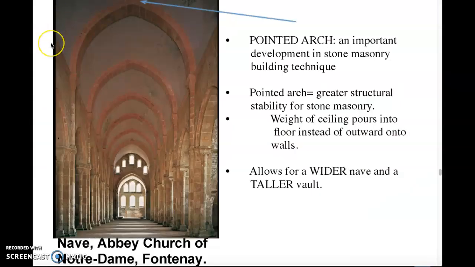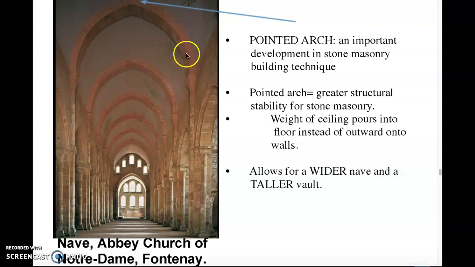Well, it turns out that the pointed arch is even better for that engineering solution. The pointed arch actually channels the weight of that heavy stone ceiling more directly down into the ground, and therefore minimizes the sideways, the lateral push pressure of the thrust.